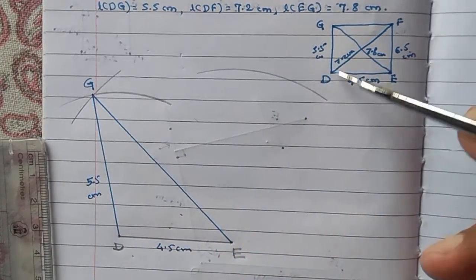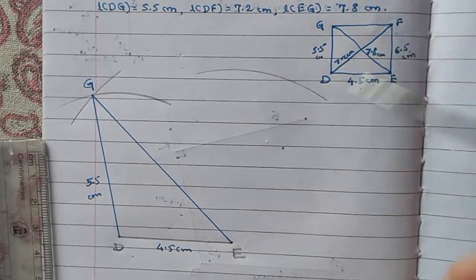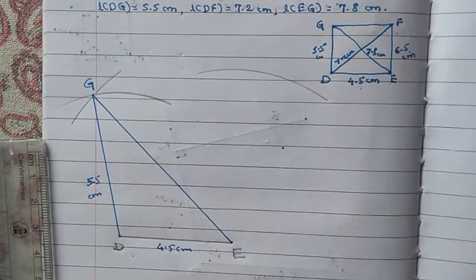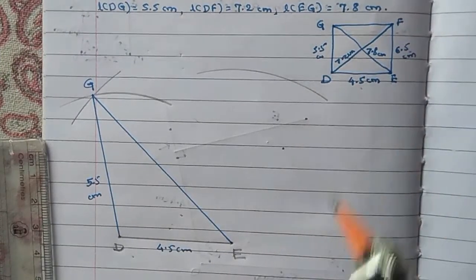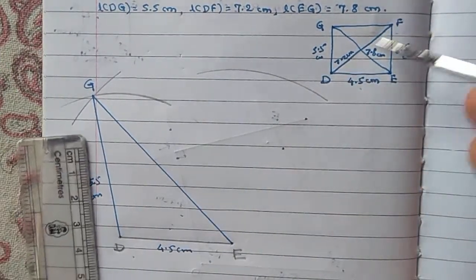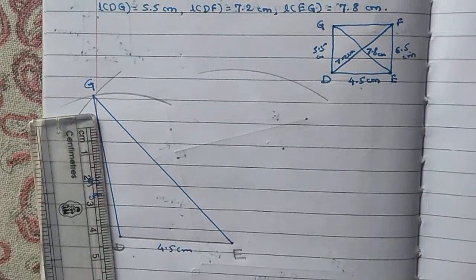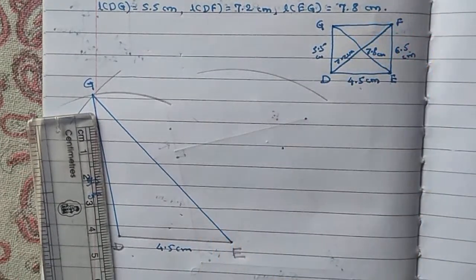Then think of this diagonal DF, because we want DF. Because now our next target is fixing the point F. What is the length? 7.2 centimeter. Okay, here it is given DF is 7.2 centimeter.